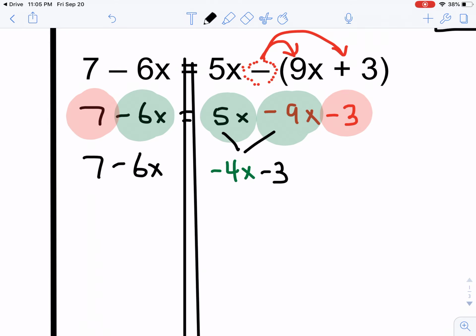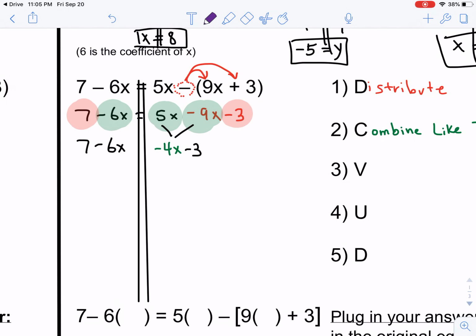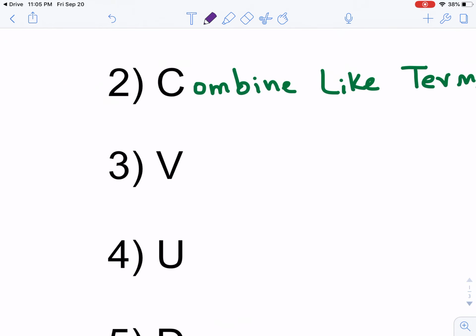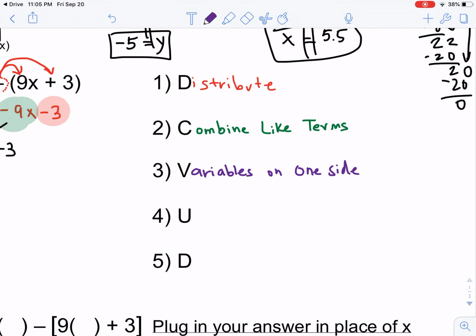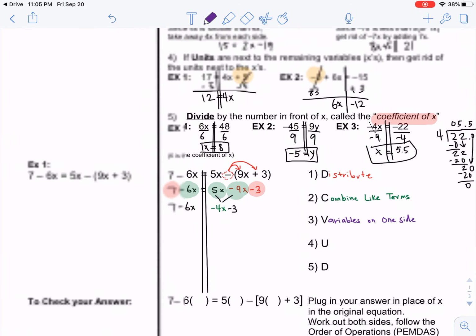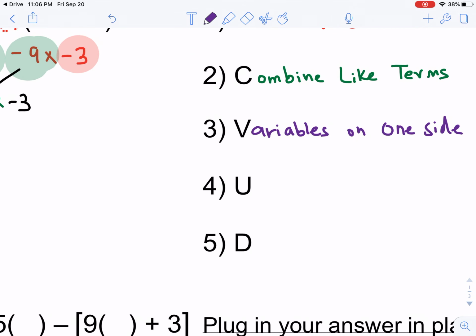All right, our next step, choose red. Oh, we already used red. Let's use purple. Is to get the variables on one side. Now remember, we want to get rid of the smaller group of variables. So I'm going to write that.